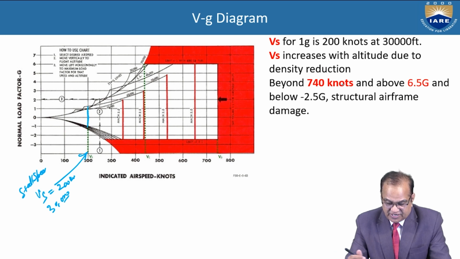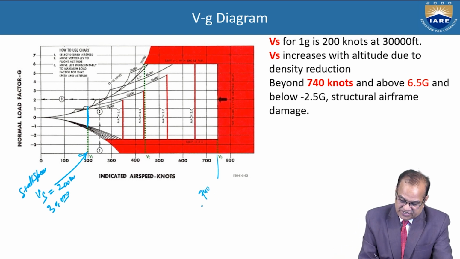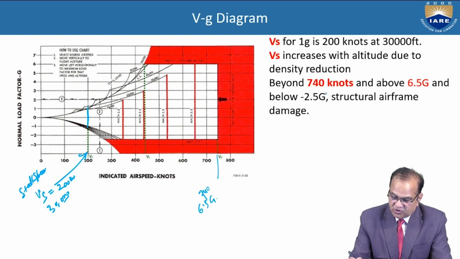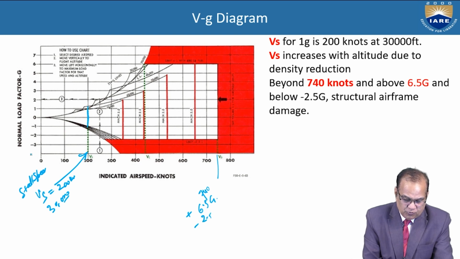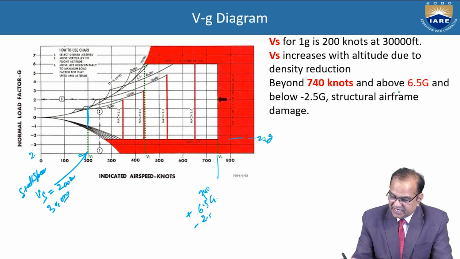Beyond 740 knots, above 6.5 G and below minus 2.5 G, structural airframe damage will happen.